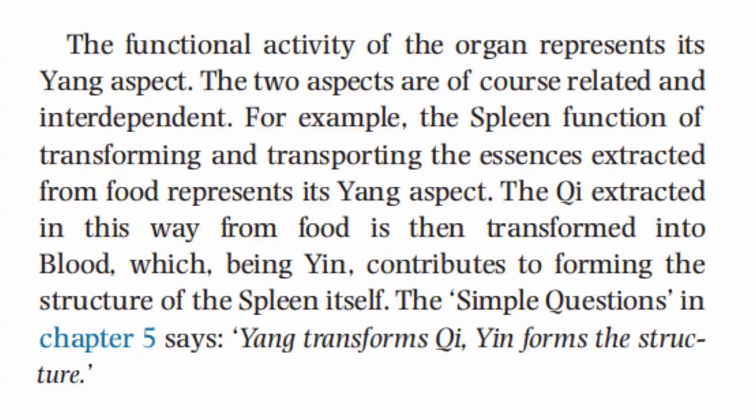For example, the spleen function of transforming and transporting the essences extracted from food represents its yang aspect. The qi extracted in this way from food is then transformed into blood, which, being yin, contributes to forming the structure of the spleen itself. The Simple Questions, chapter 5, says, Yang transformed qi, yin forms the structure.